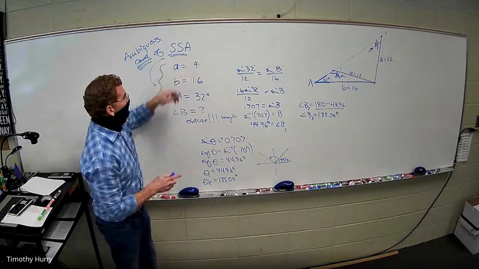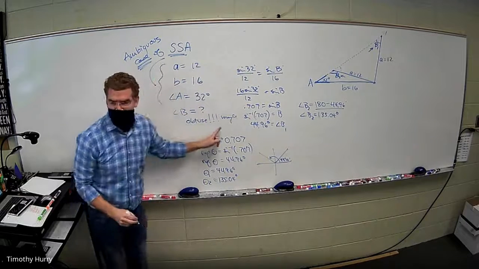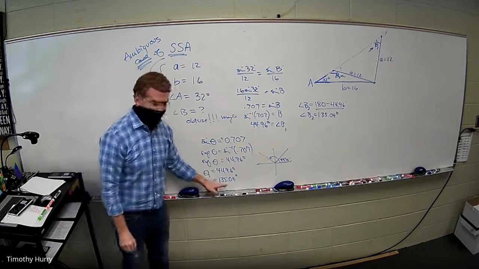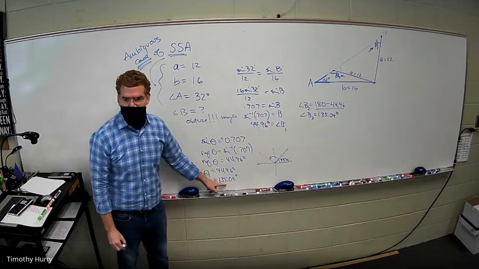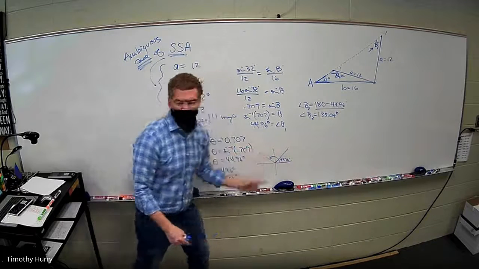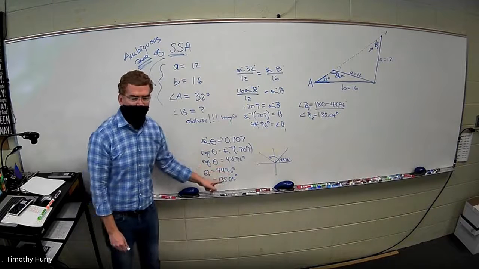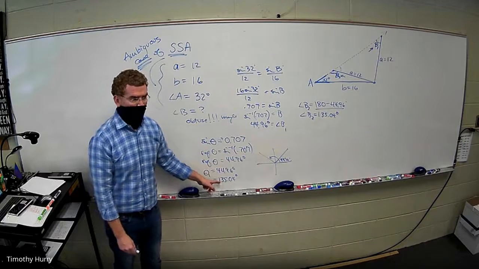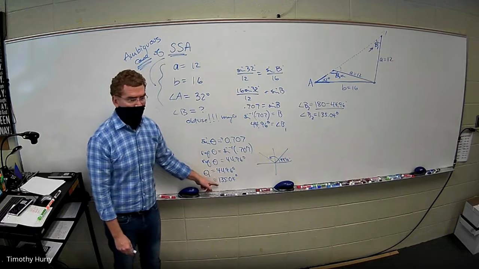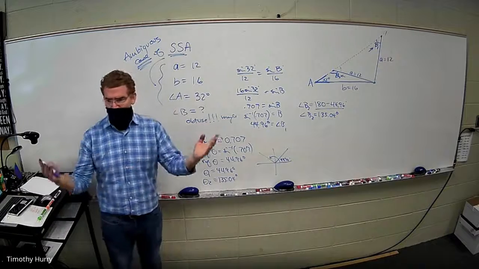But if it's not one of these ambiguous case situations where it's possible that it's obtuse, guess what happens with this last angle? It exists, because there's always going to be one in the first and second, right? But it's so big that when you add it to this, it's over 180.